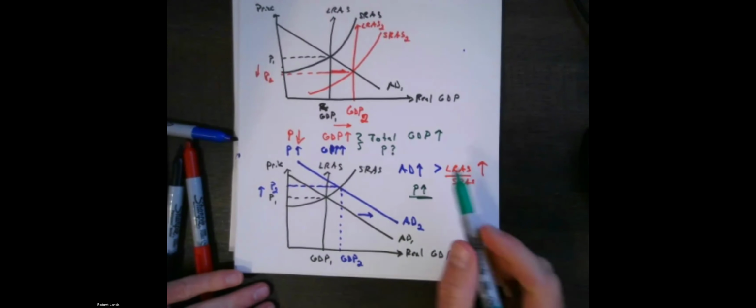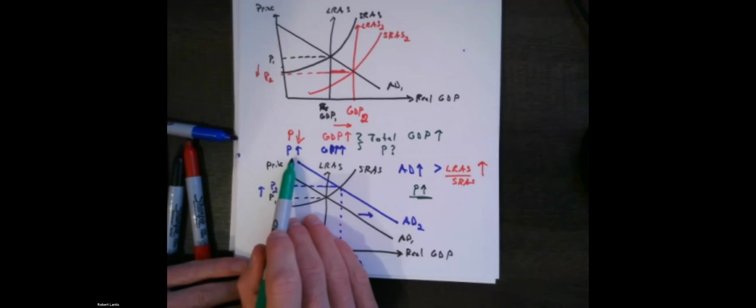So there we would know that prices have to increase. Or in reverse, if I told you prices increase, you know that the shift in aggregate demand was the one dictating the total effect. That must have been the larger change. Okay. Any questions on that idea before I do something slightly different?